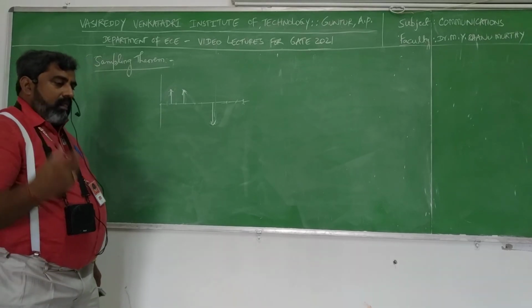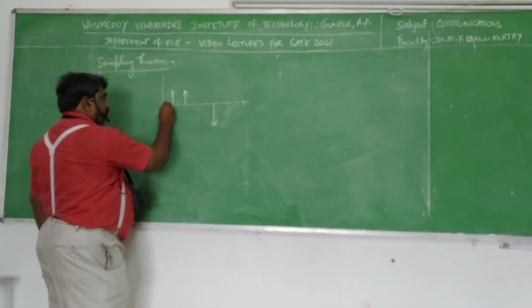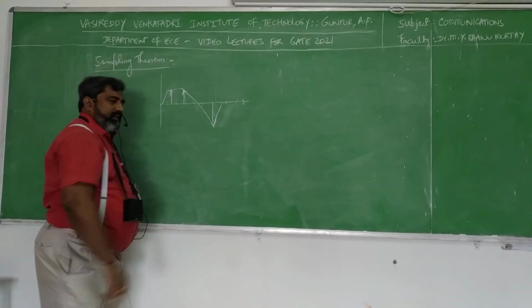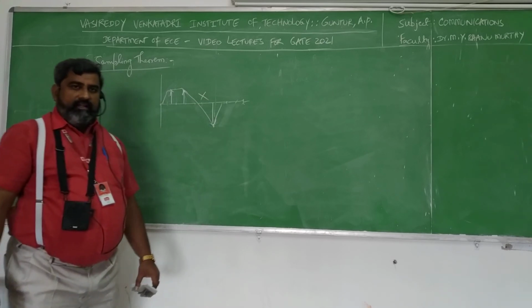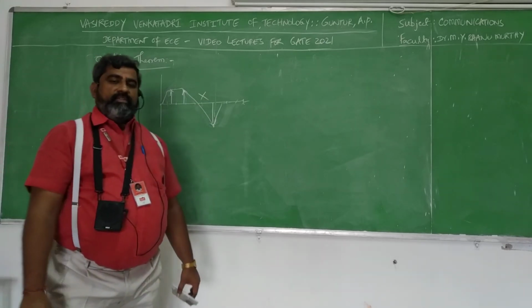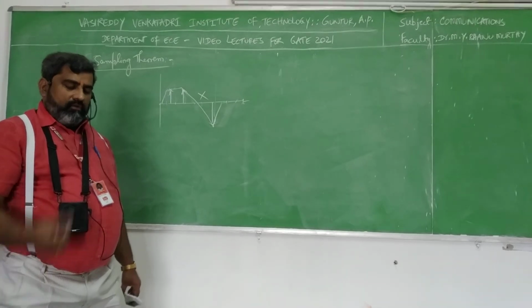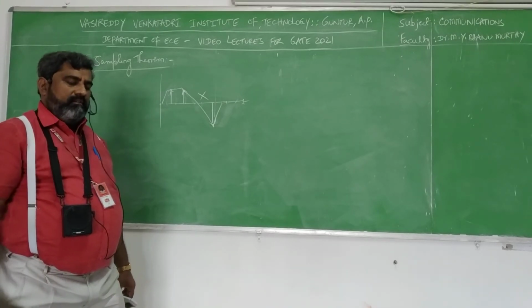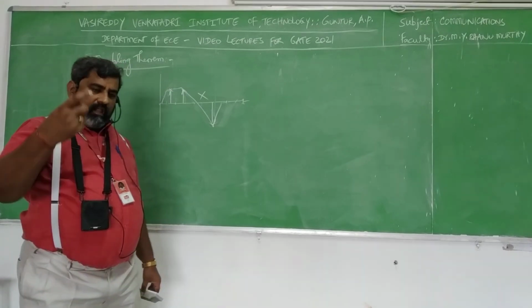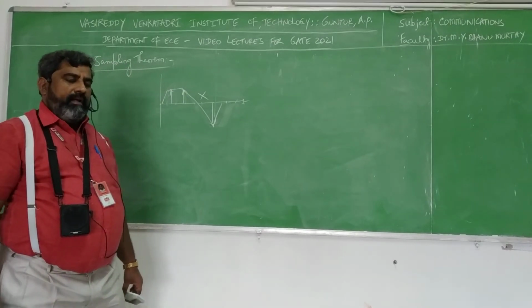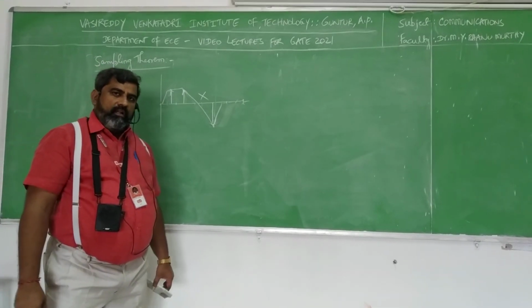You cannot perfectly reconstruct. Your reconstructed signal will look something like that. As you can see, this is distorted. That's what the sampling theorem says: how many samples I have to take from an input message signal so that at the receiver I am able to reconstruct it without any distortion.